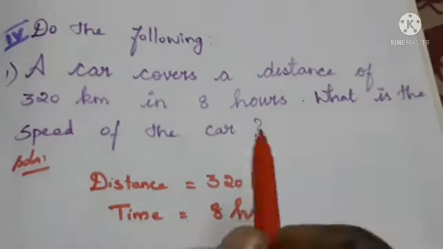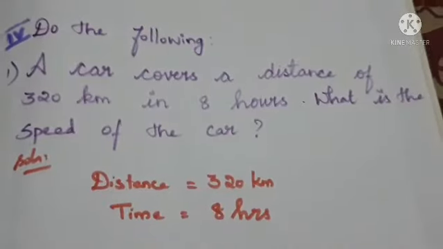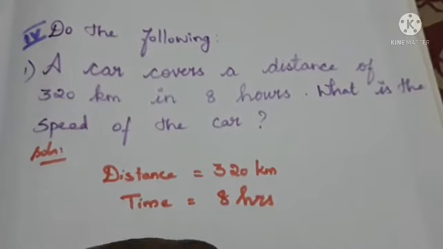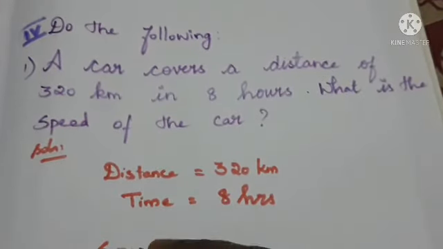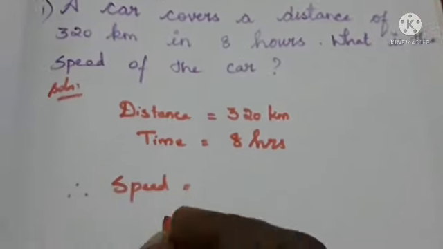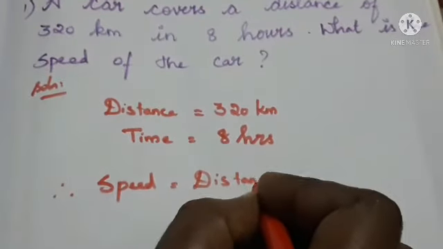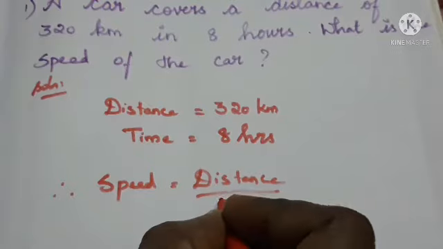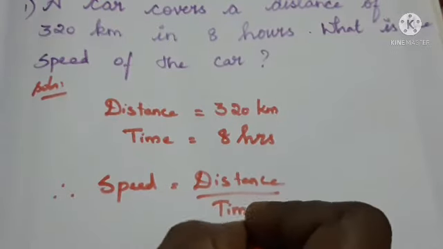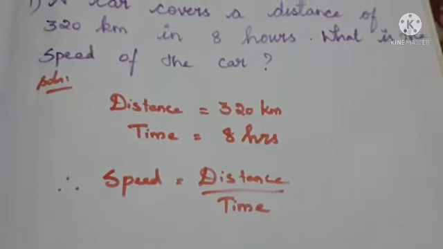We need to find out the speed. Therefore, the speed formula: speed is equal to distance divided by time.